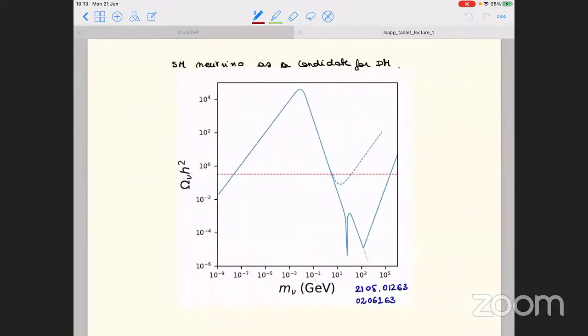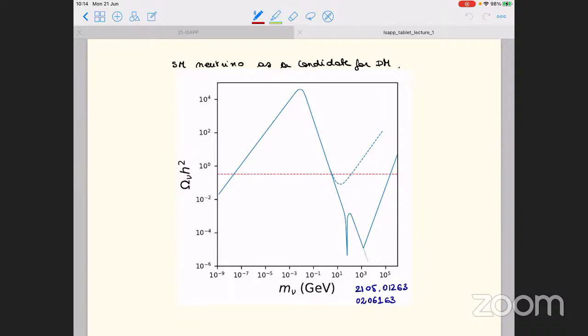Okay. So the goal today, I hope I will get there, is essentially, from these standard model interactions, just by knowing the charges of the neutrino and its interaction with gauge bosons, to explain this plot.